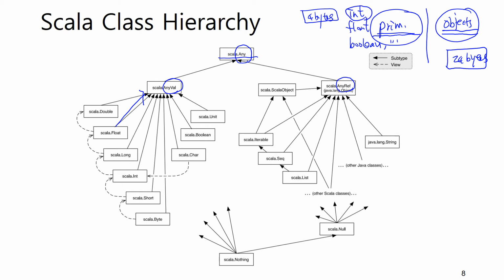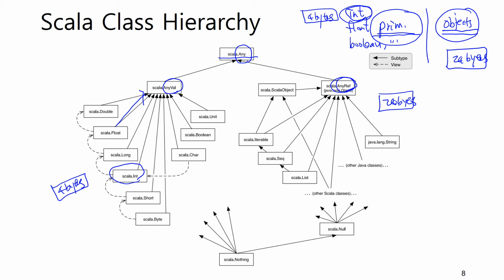So for example, scala.Int, although it is defined as a class, consumes only 4 bytes in the representation, just like int in Java. In contrast, any object of type AnyRef, or its subtype, consumes 24 bytes as an overhead, just like a Java object.